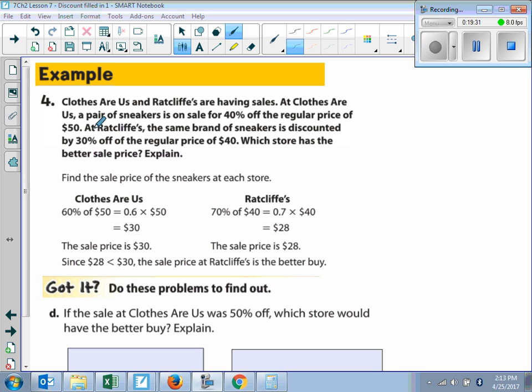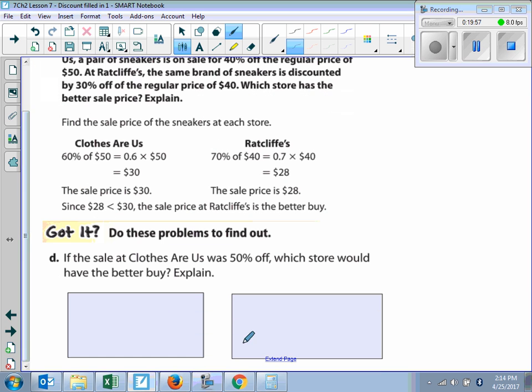For Ratcliffe, it's 30% off. So what percent are they actually paying? 70%. So what number is 70% of $40? So once you figure out your sale prices, then you can make your comparison. Is everybody clear?